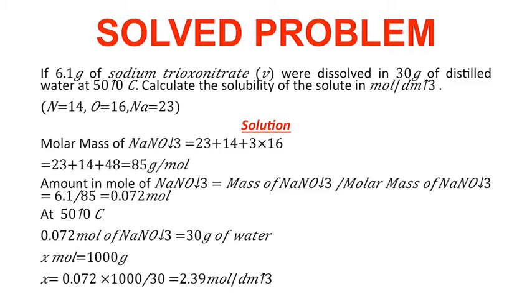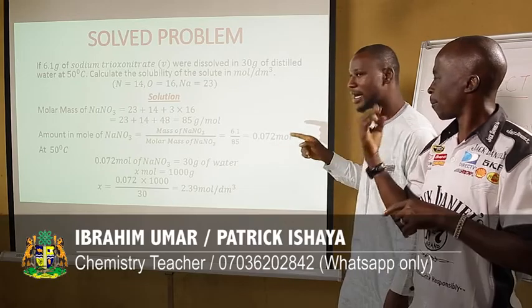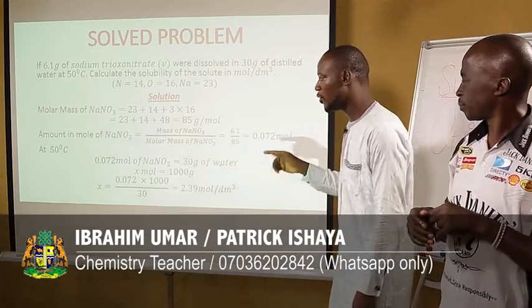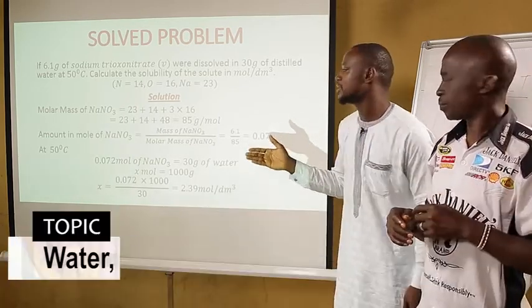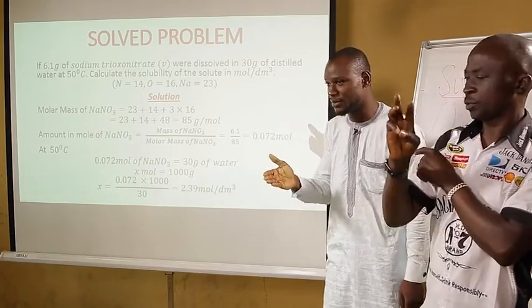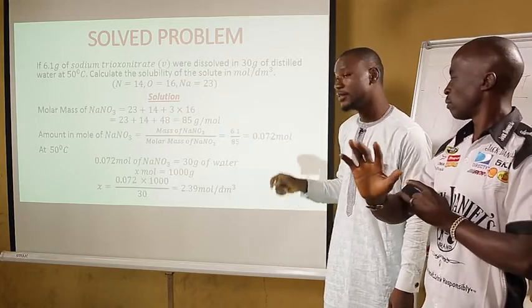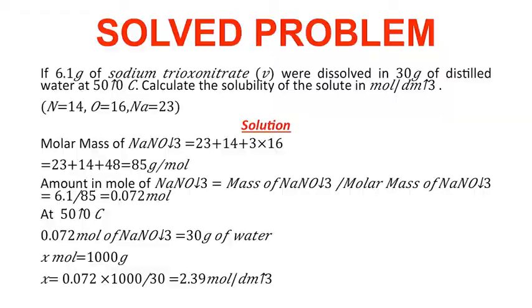Now, the amount in moles of NaNO3 is given as the mass of the salt over the molar mass, which is 6.1, the mass given, over 85, the molar mass calculated. Then when you do the division very well, you end up having 0.072 moles.